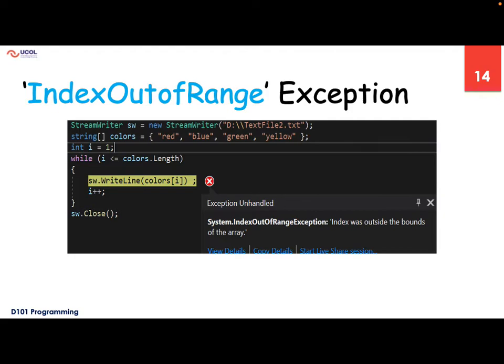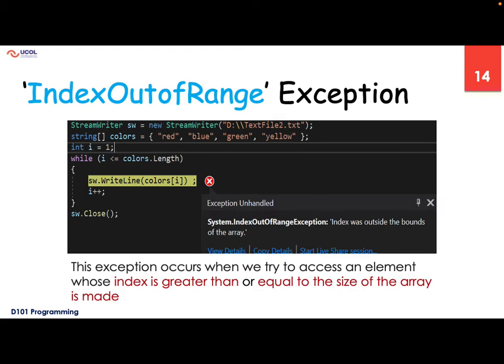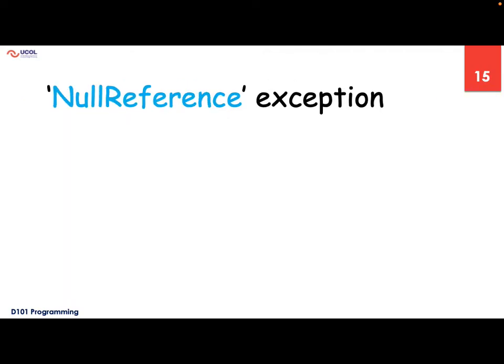Now you are trying to access a memory area which is not reserved for your program, because you go to the next memory area when you go for the next index. Understand? So again, not allowed, and the index out of range exception occurs. When we try to access an element whose index value is greater than the range, or even -1, it is not going to allow you to access that one.